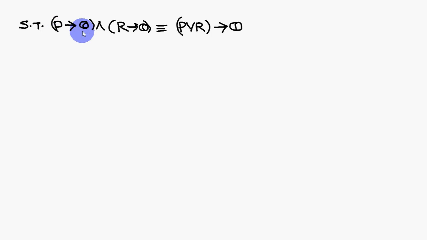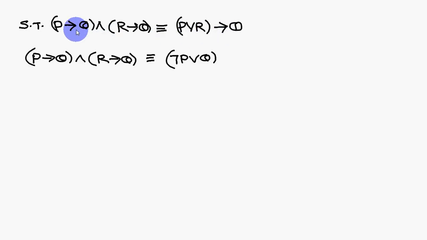Next, (P conditional Q) and (R conditional Q) is logically equivalent to (P or R) conditional Q. Let us take the left hand side. P conditional Q, I am removing the conditional: add negation to the first one, and in place of the implication write OR.